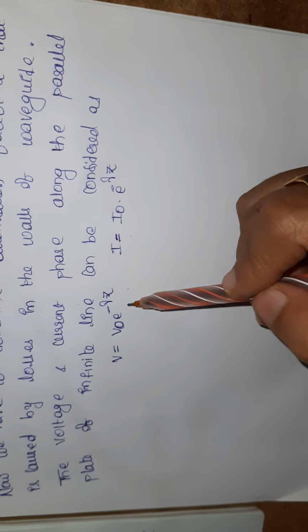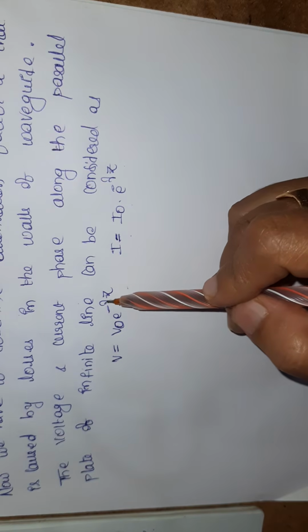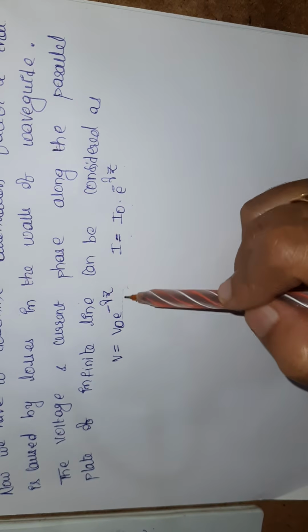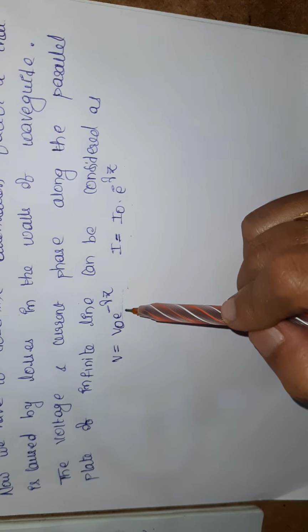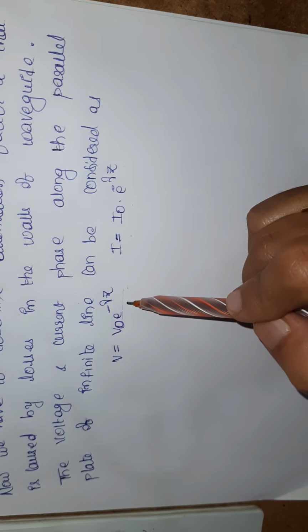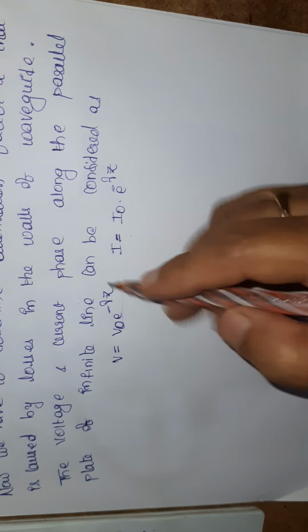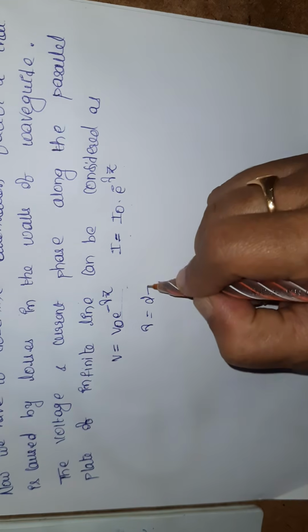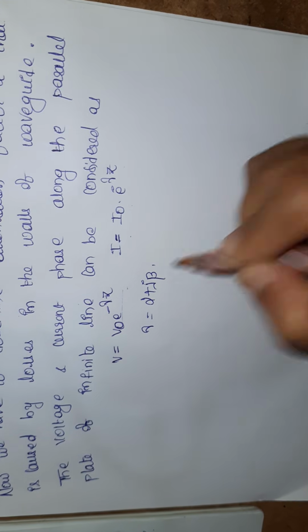Here I am only considering the e power minus gamma z, the space representation, which depends upon space. I am not considering the time here. Gamma is equal to alpha plus j beta.